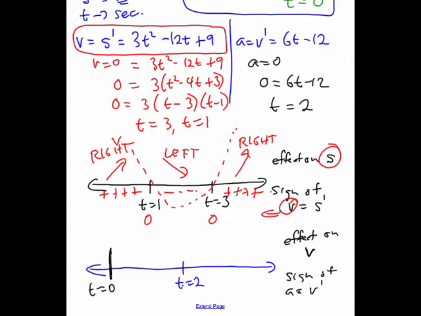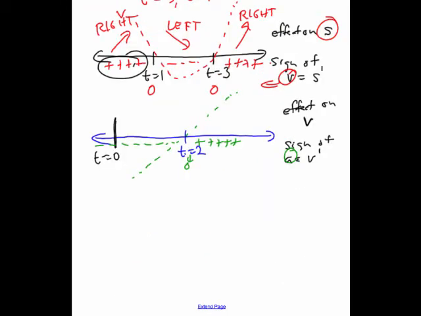Alright, and since I know the shape of my acceleration graph, which is a line opening up, I know that my acceleration here is negative. At 2 it was 0, and here it was positive.